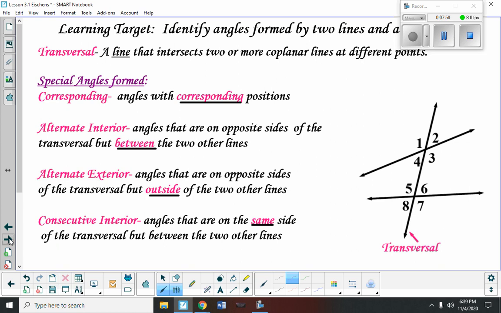All right, so let's talk about the special angles that are formed. Here you have your two lines, and the line that's crossing both of them is called the transversal. So corresponding angles are angles with corresponding positions. Let's think about the word corresponding.